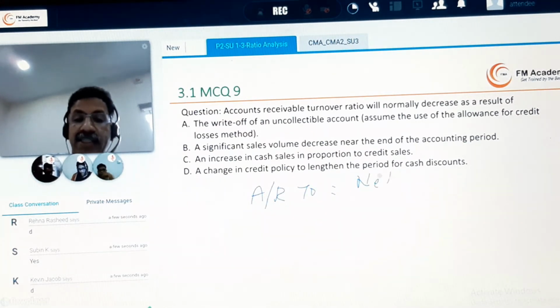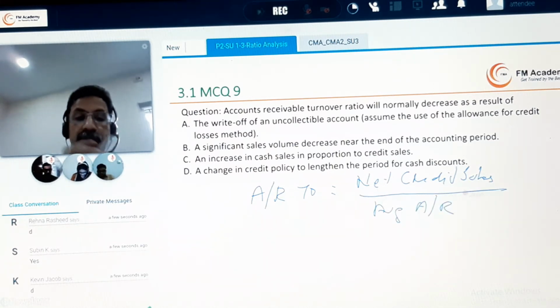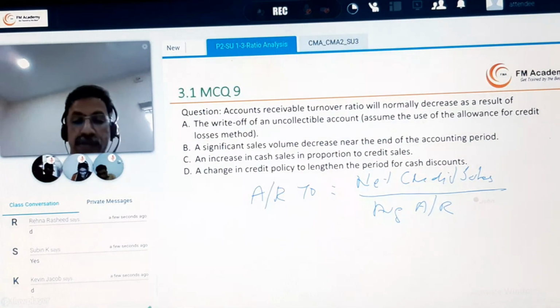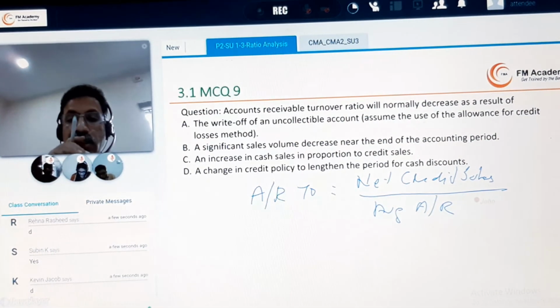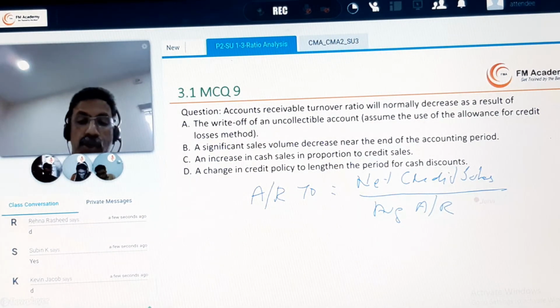Net credit sales divided by average account receivable. This will decrease when the numerator comes down or the denominator goes up. So consistent with that, which choice would you choose? You want this to decrease.